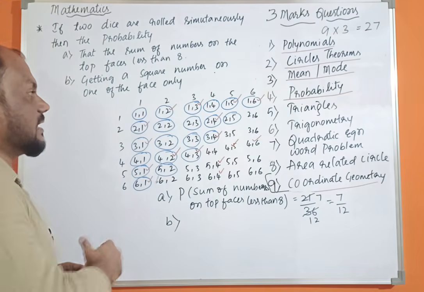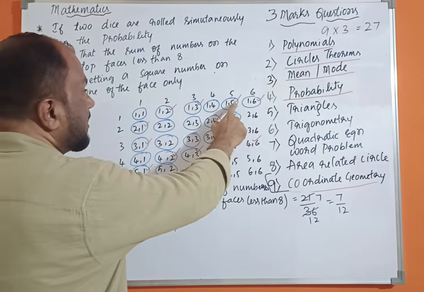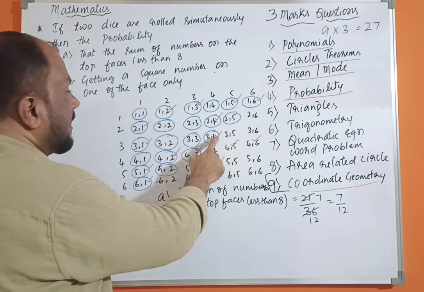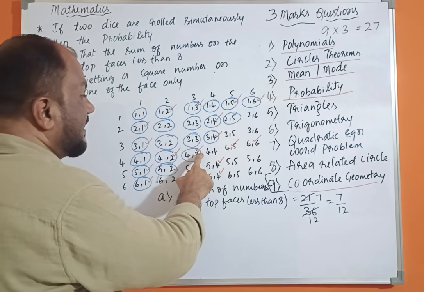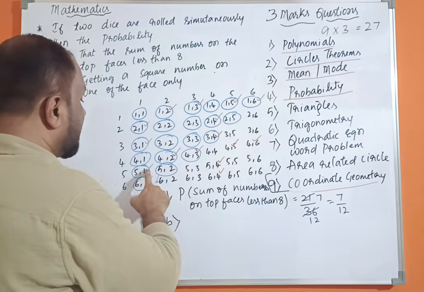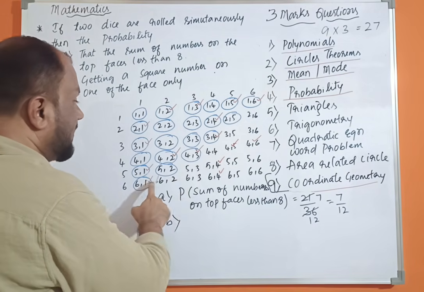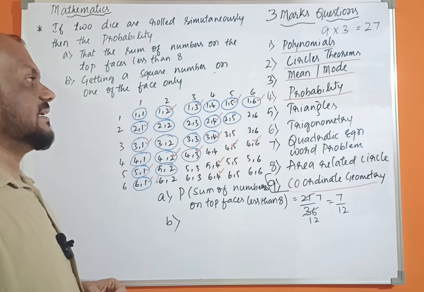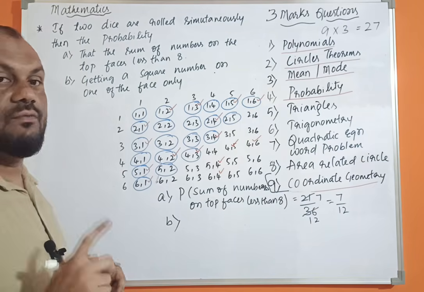So the marked ones, let us count 1, 2, 3, 4, 5, 6, 7, 8, 9, 10, 11, 16. So there are 16 sets in which you can find only one square number.